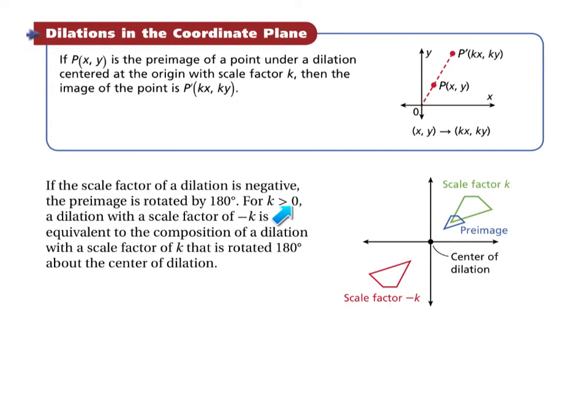So, for k greater than 0, a dilation with a scale factor of negative k is equivalent to the composition of a dilation with a scale factor k that is rotated 180 degrees about the center of dilation. So all it says is, if you have k, for example, negative 5, the green would represent times 5, and then the negative rotates the green image about the center of dilation.